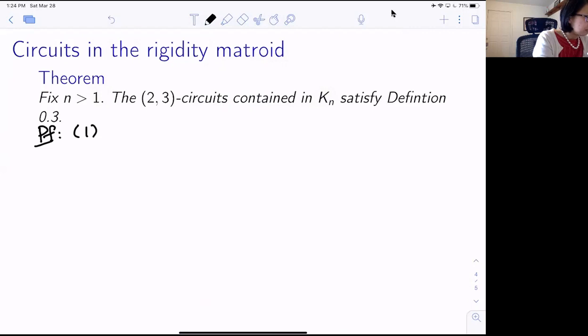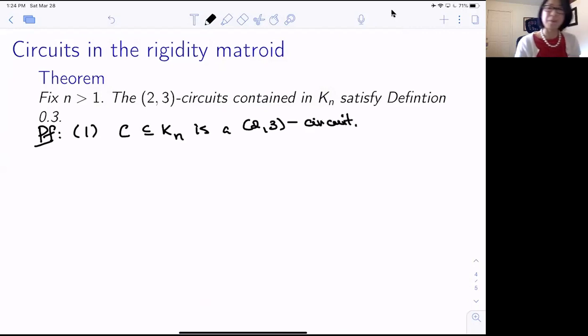For the first one, suppose that C contained in Kn is a 2-3 circuit. So remember, what is a 2-3 circuit? It's a graph where if I remove any edge, it's 2-3 tight. So that means if it's a subgraph on n prime vertices and it's a circuit, it will have 2n prime minus 2 edges, and any subgraph is tight.